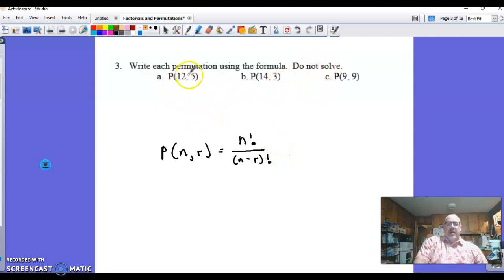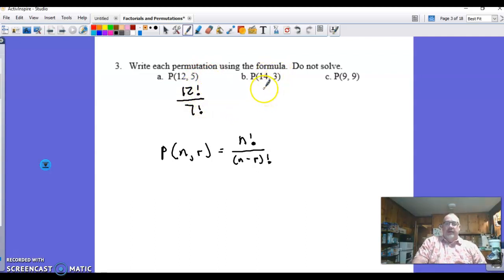You don't have to solve these. But if you're going to put this in formula form, it's 12 factorial divided by, and you subtract, 12 minus 5, which is 7 factorial. If you put that in your calculator, you'd get the same answer as doing 12 times 11 times 10 times 9 times 8, or 12P5.